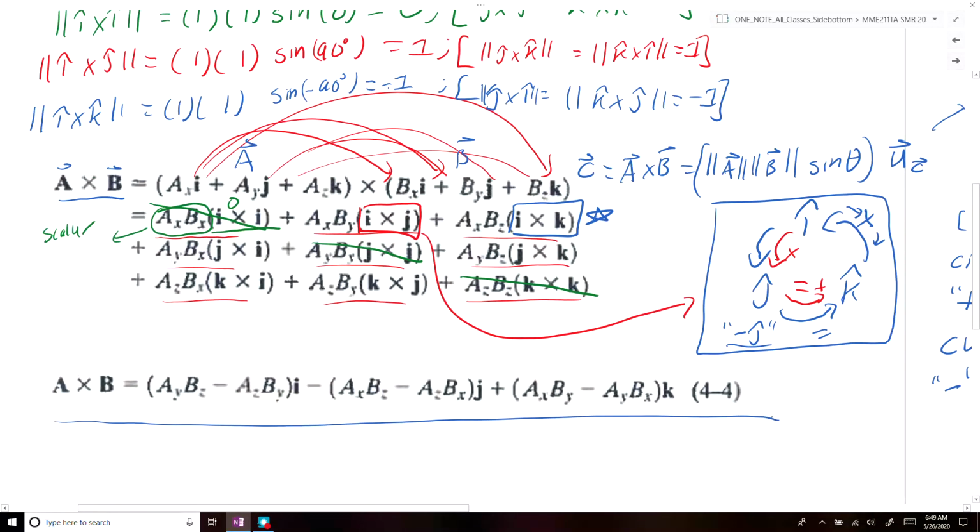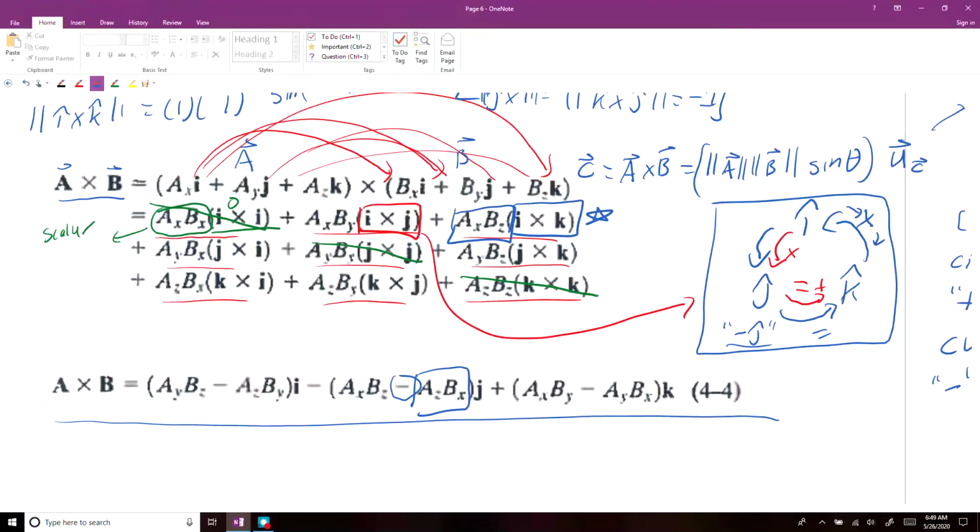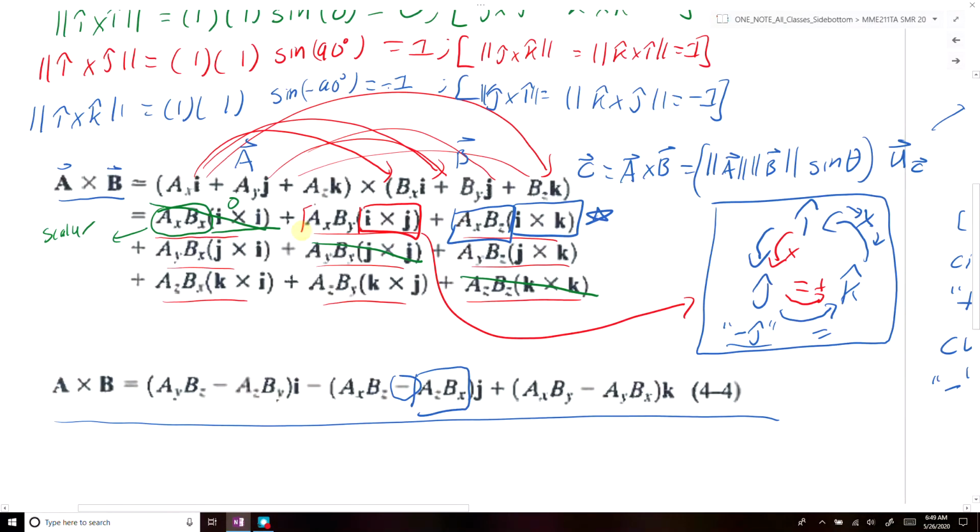All right. Now, if we look at the solution to all of our cross product equations, what we'll notice is that the ax times bz term is going to have a negative sign in front of it based off of this formula, while the I cross j term, the ax by scalar number, will have a positive number in front of it, and it'll be multiplied by k.